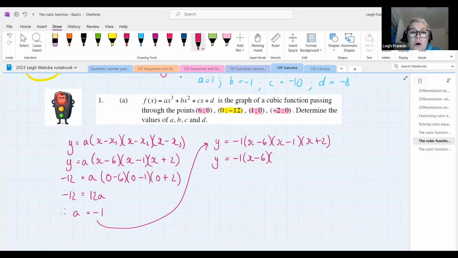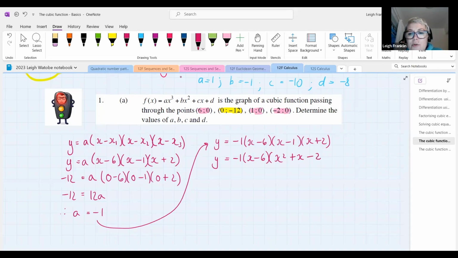And then I FOIL the last two brackets together, which is going to be x squared plus x minus 2. You're doing really well.